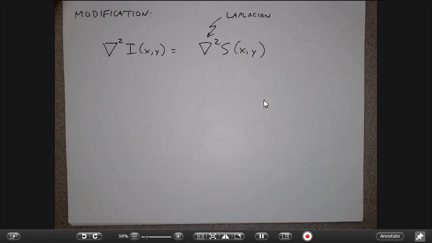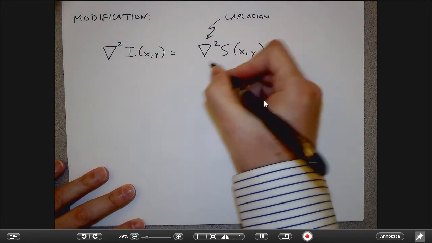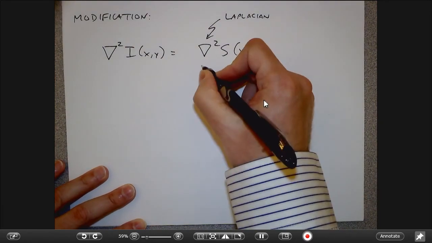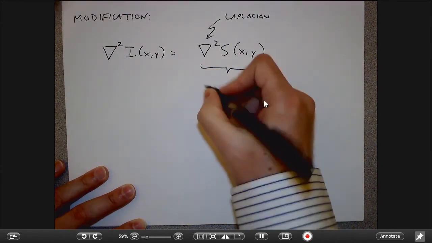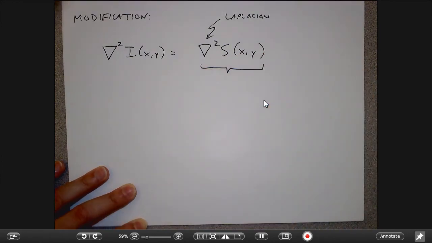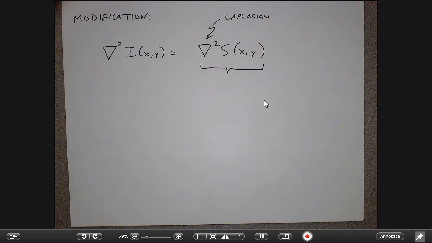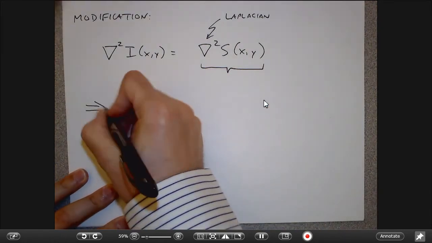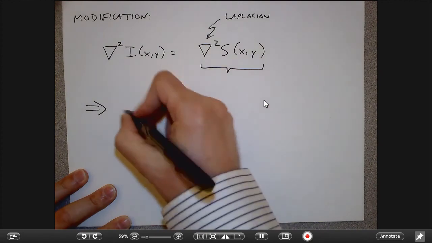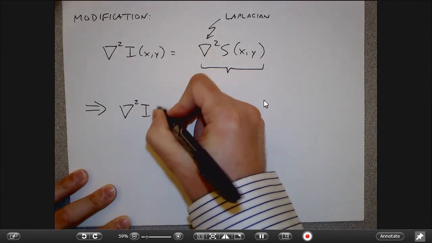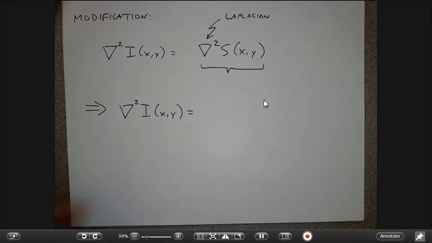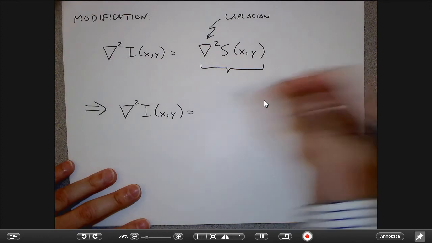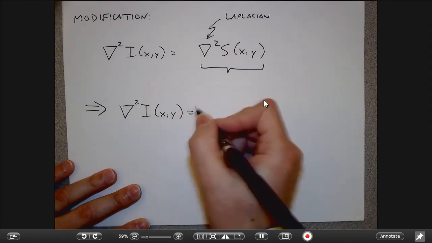Okay, and so here, this is maybe a little bit subtle, but in this case, the right-hand side is saying, okay, I've got a source that I need to use, and I'm going to take the Laplacian of that, right? But there's actually no reason that I have to use the Laplacian of a real image. One thing I could do instead would be to say, for example, okay, I am going to use, so how do I want to say this?